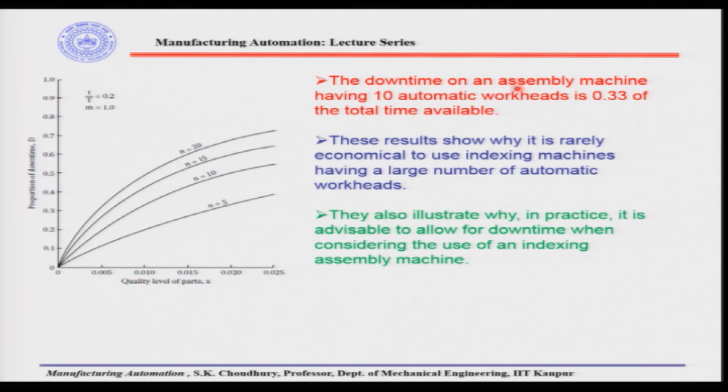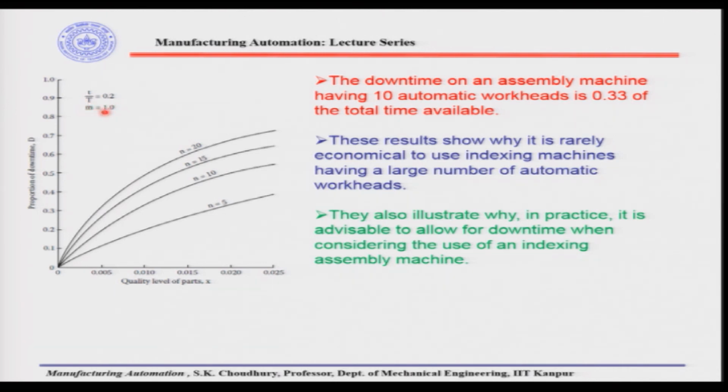The downtime on an assembly machine having 10 automatic workheads is 0.33 of the total time available from the curve, meaning that these curves are made for different numbers of workheads 5, 10, 15 and 20, and also for some constant parameters of small t, that is the cycle time divided by the time taken for an operator to find out the fault and restart the machine, and m is equal to 1.